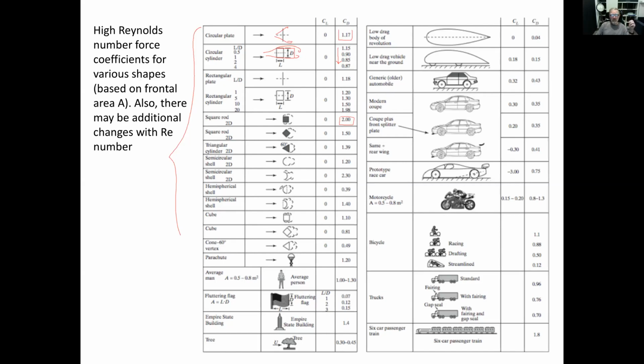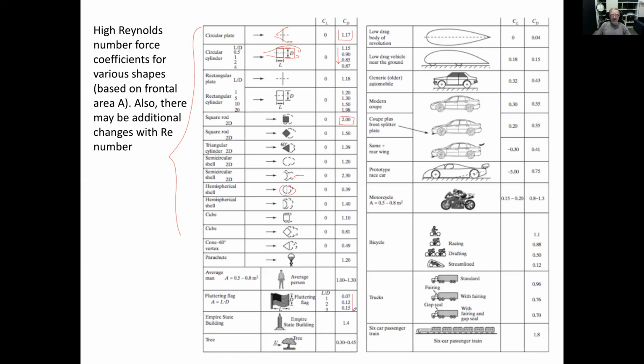Now this is more streamlined, definitely, than this one, the convex versus the concave. And the flag depends on whether it's fluttering, if it's moving, and that depends on the length. If the length is longer, then the drag goes up.